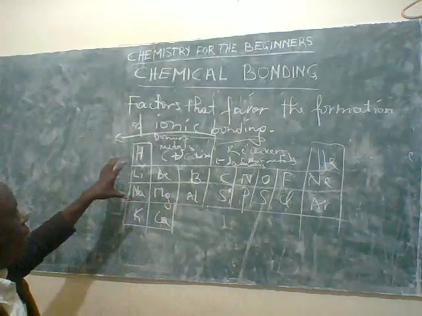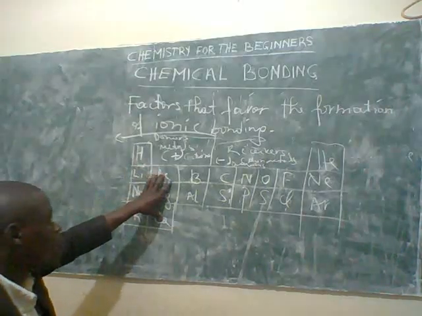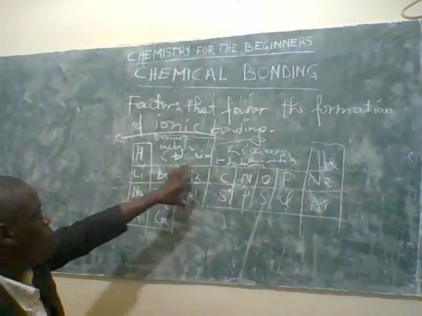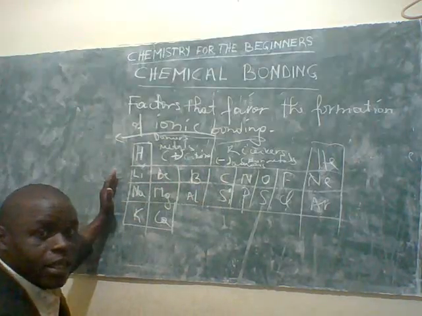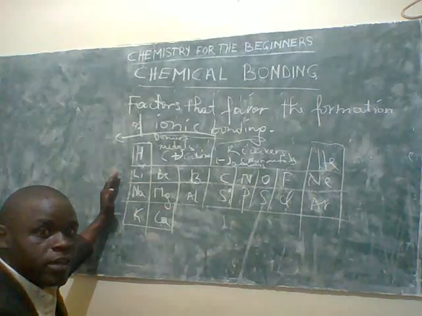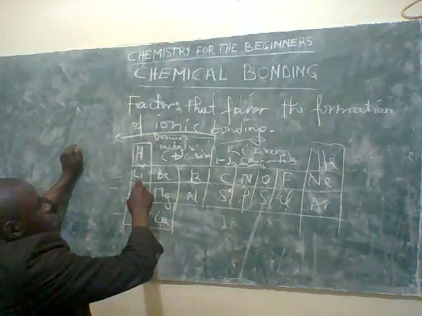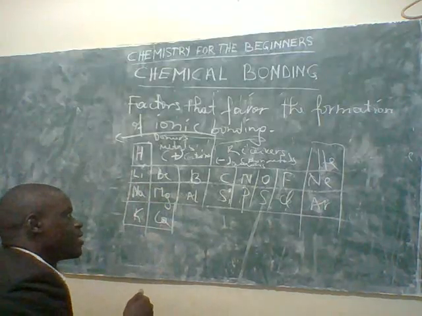So let us look here. This is the first group, the second group, third group, and the fourth. From first to third group, they are metals. So if they are metals, they have to be charged positively.